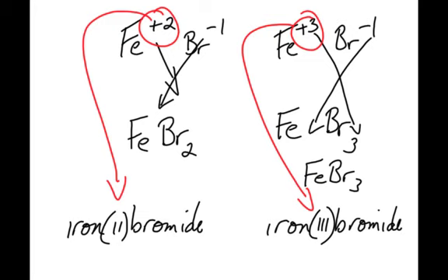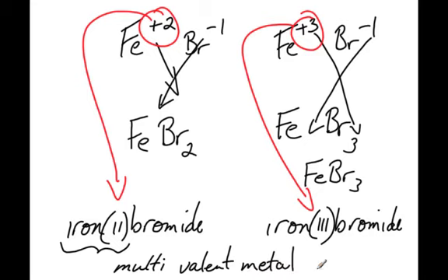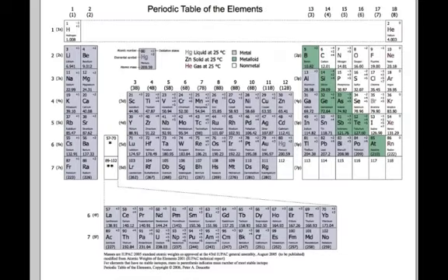It's a lot like doing our regular binary compound, only now we have to include the charge on what is called a multivalent metal. That is to say that the metals can have multiple valences or multiple electron charges.